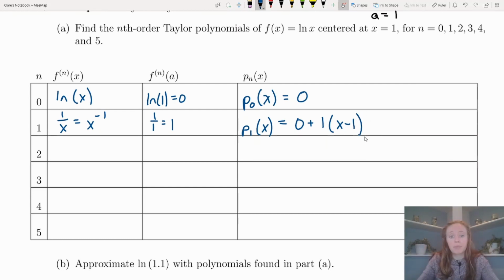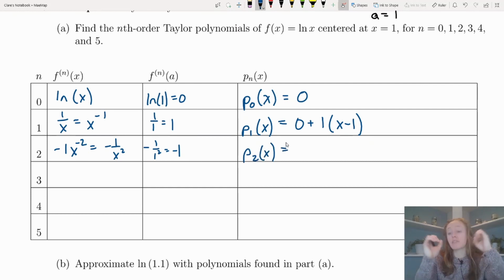or to the 1. So now when I build my p sub 2, I need that second derivative, which is negative 1 x to the negative 2, or negative 1 over x squared. So negative 1 over 1 squared is going to be a negative 1. Now when I'm building my second degree Taylor polynomial, I need to take everything from my first one, which included terms from my 0.